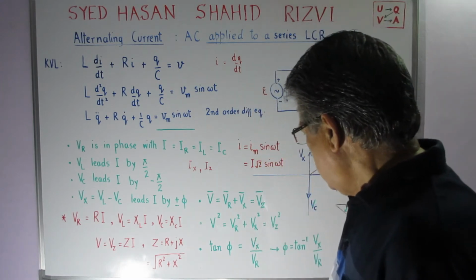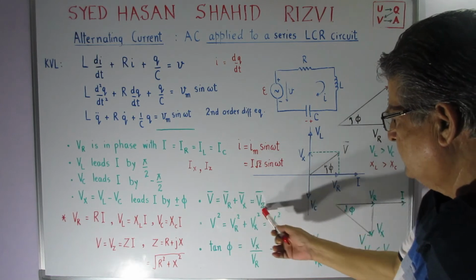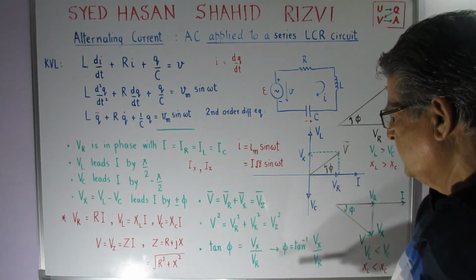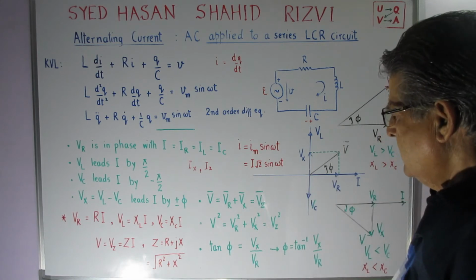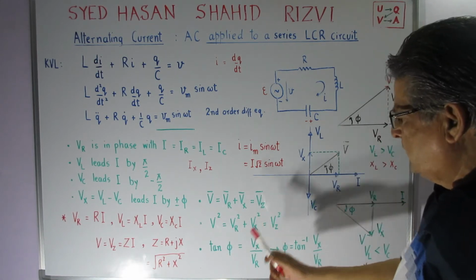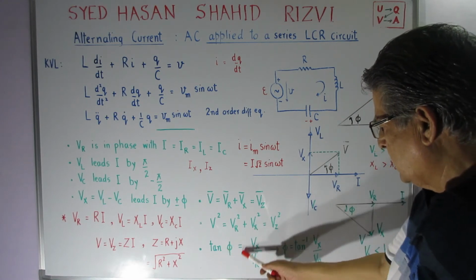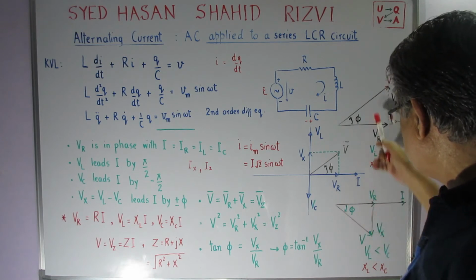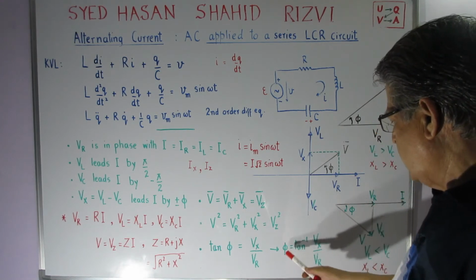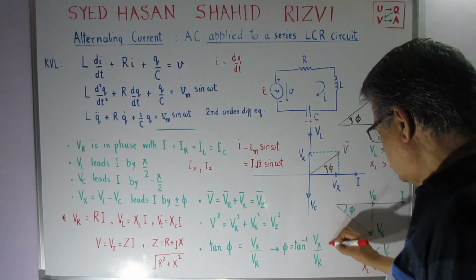Now, if I have this Vz square equal to V square, then we ought to also define the value of phi. So tan of phi will become equal to Vx upon VR, in either case, and therefore phi is equal to tan inverse of Vx upon VR.